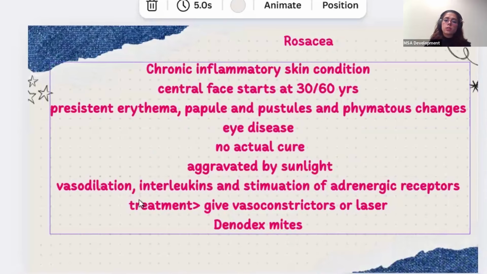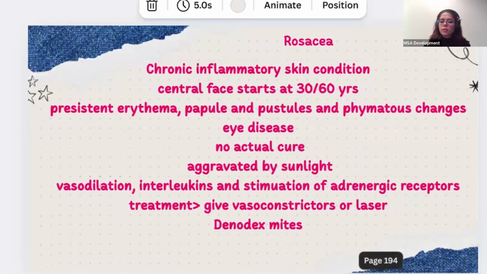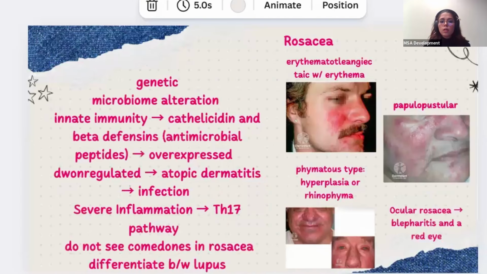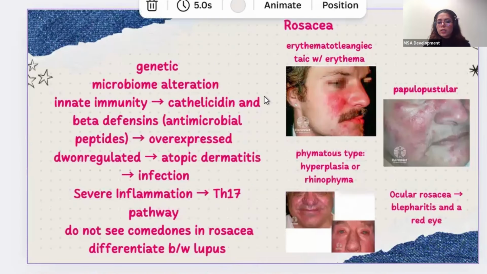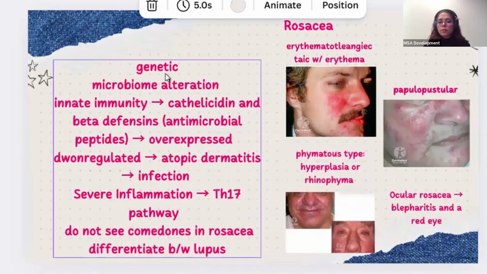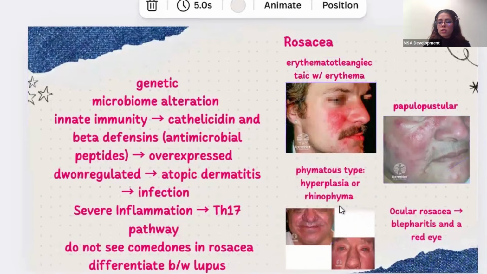The pathogenesis is vasodilation, interleukins, and stimulation of androgenic receptors. You give vasoconstrictors or laser. It has a genetic background and microbiome alteration. Do you need to know all of this? Not really. These are the different types of rosacea.